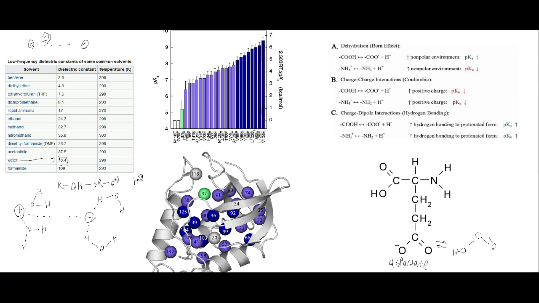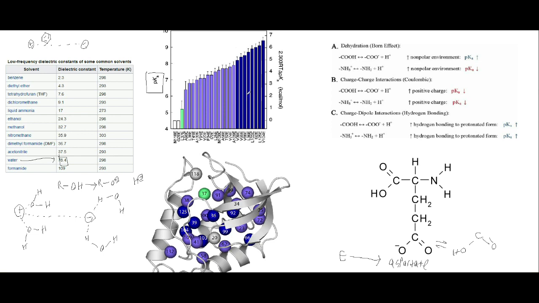So what they did is they changed a lot of these internal amino acids into, so E, as you can see here, is the one-letter code for aspartate. So they mutated these one by one to aspartate, and you can see here that the pKa is increasing.